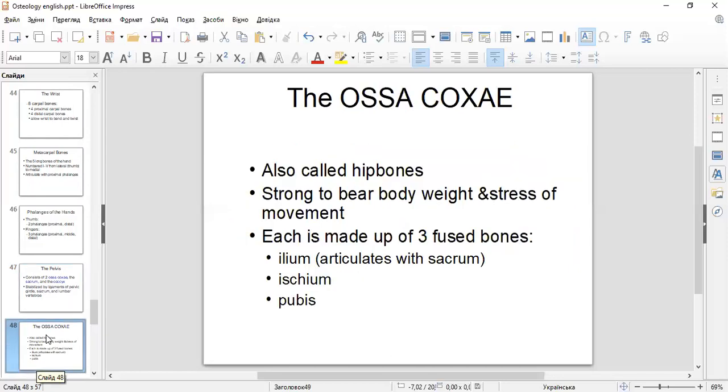The os coxae are also called hip bones, strong to bear body weight and stress of movement.